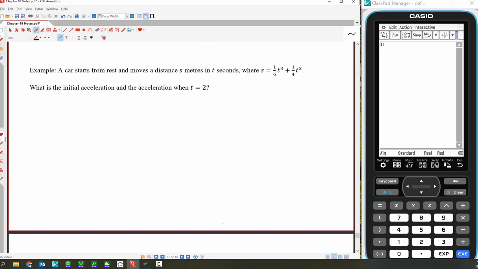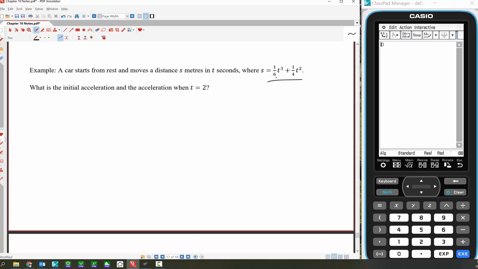So let's just try this out on an example. A car starts from rest and moves a distance of s meters in t seconds, where this is the function. What is the initial acceleration and the acceleration when t equals 2?